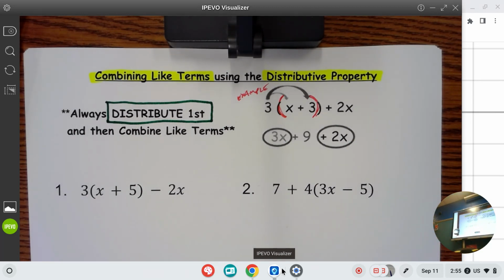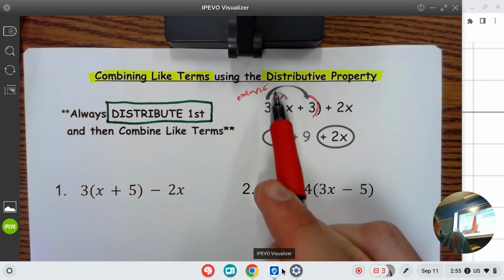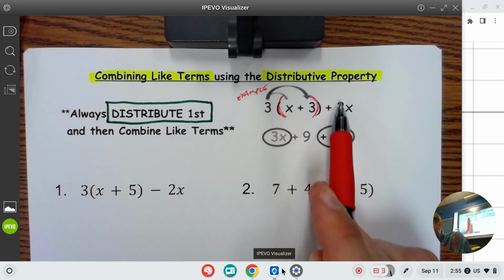And so when it comes to distributing, guess what? Distributing comes first. That is why, in this example, this person distributed those 3's onto the x and the 3. The only other thing I want to mention: why did they not draw an arrow from the 3 all the way to the 2?